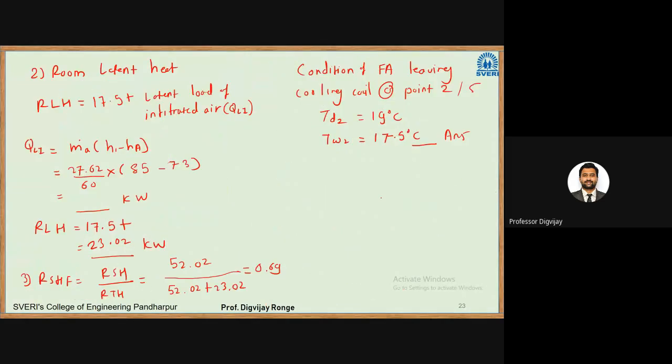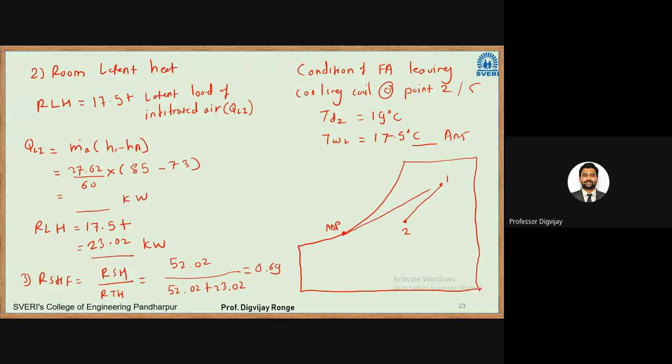So once again, I will draw the psychrometric diagram here. We have located some processes. This was point 1, that is outdoor. Point 2, that is the room temperature. Then ADP was given, so I have joined that ADP with the outdoor air.